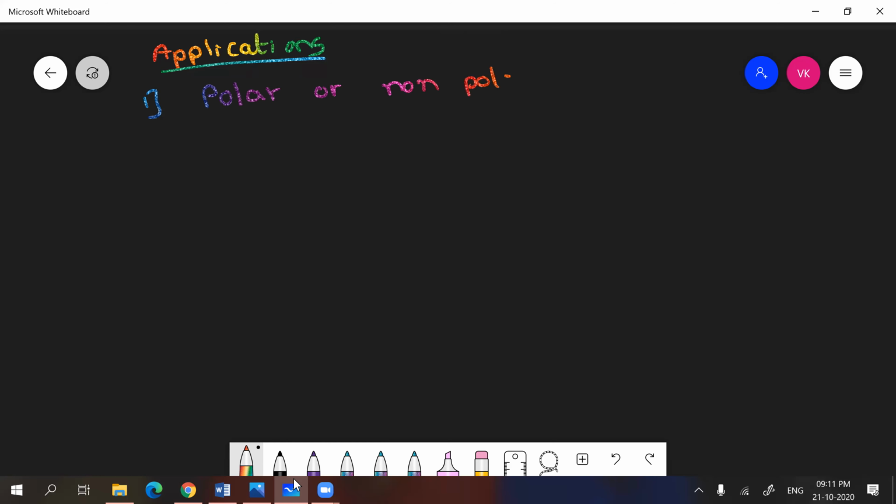Using the dipole moment value, you can check this. Very simple. If a molecule has a dipole moment, then definitely it is a polar molecule.